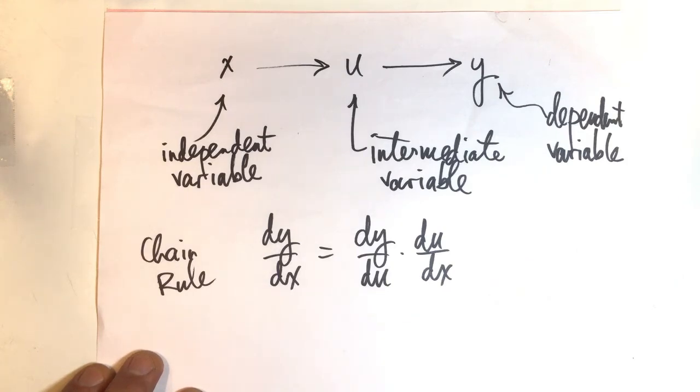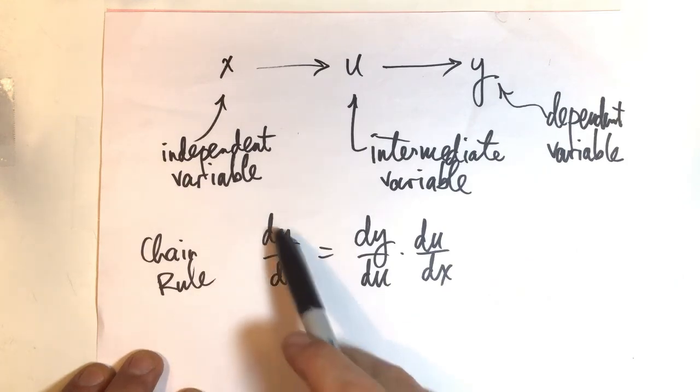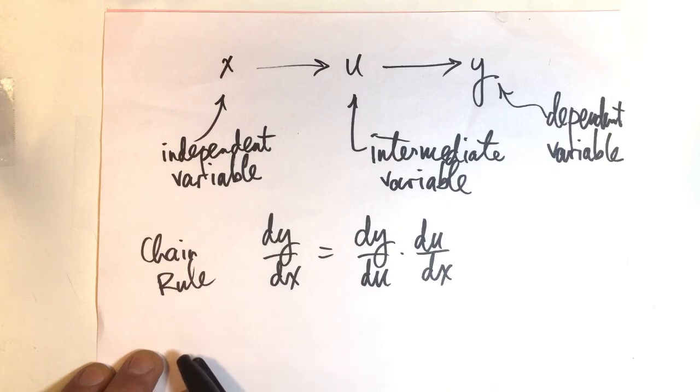Now, I'll remind you, whenever we talk about the chain rule, you can't just talk about the derivative of a variable unless you say with respect to what. For example, what's the derivative of y? In the chain rule, there are two derivatives of y that appear. One is the derivative with respect to x, and the other is the derivative with respect to u.